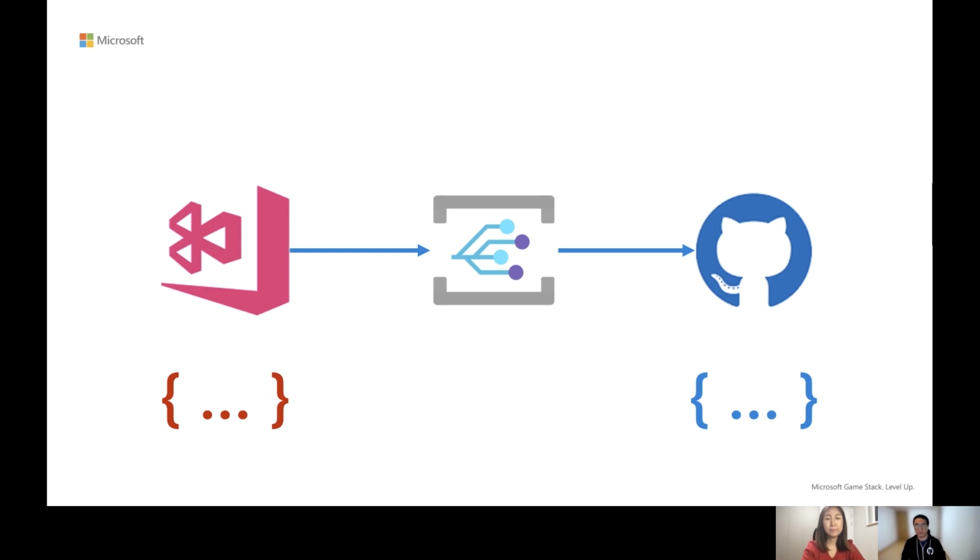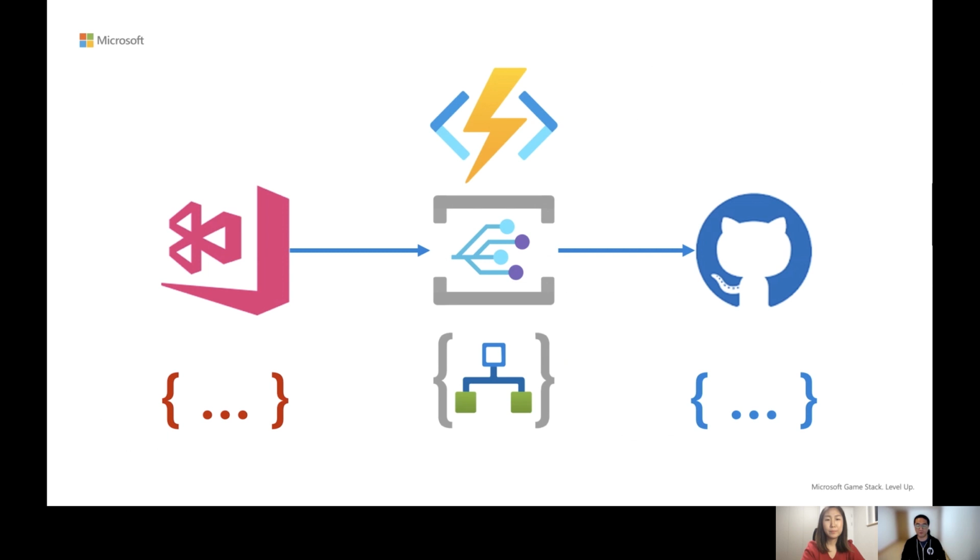However, Event Grid can't be used by itself. It should be combined with other services like Azure Functions or Logic Apps. With these Azure services like Azure Functions, Logic Apps, and Event Grid, we can easily convert the event webhook from App Center to GitHub issues with much more reliability.